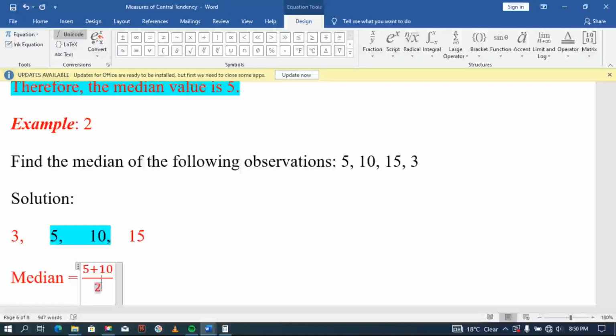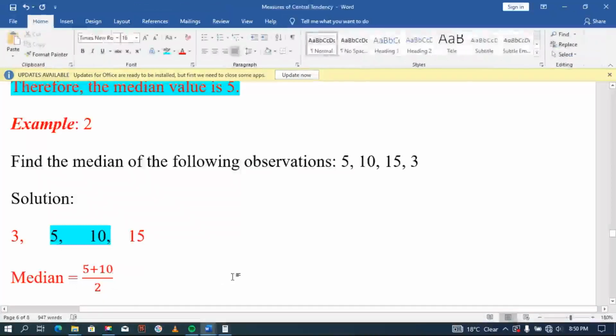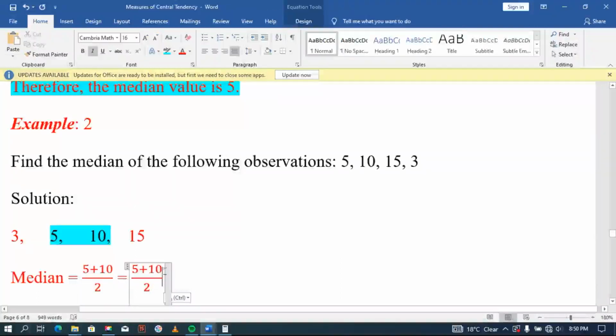That is why we divide them by 2. So 5 plus 10 gives us 15.